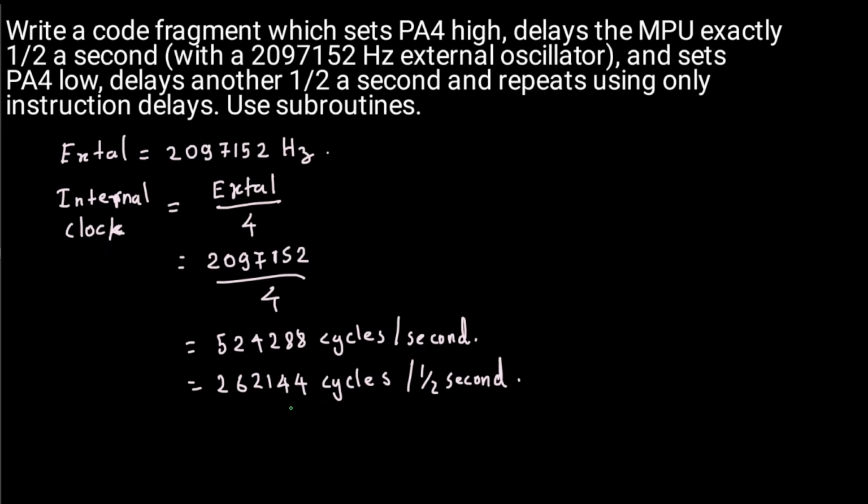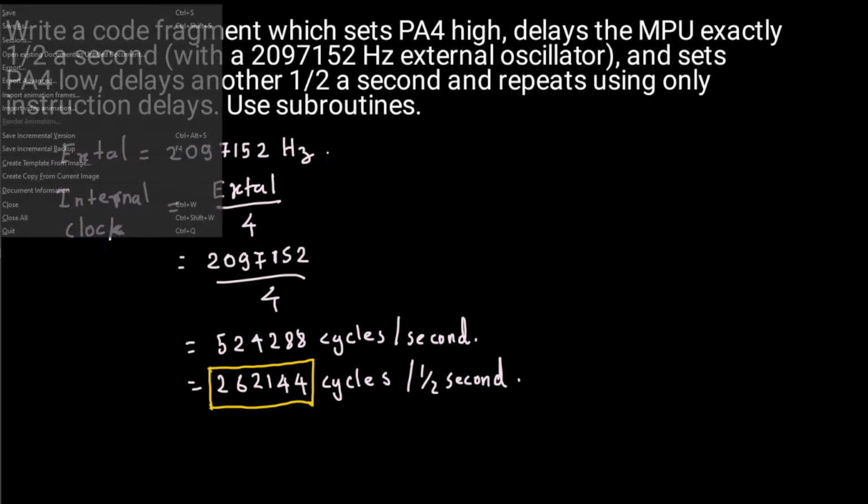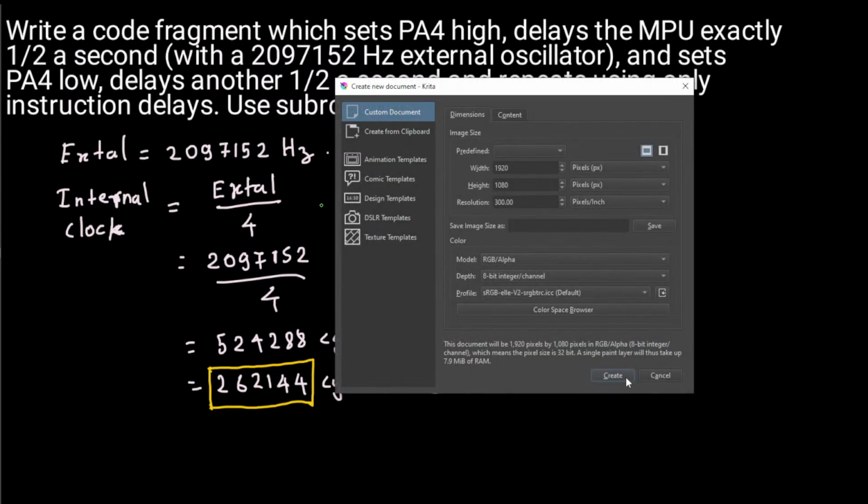Okay, now based on this, we have to derive this many cycles. This is what we need to achieve. We are going to write code to achieve this. Okay, now let's go ahead and do that in the next page.